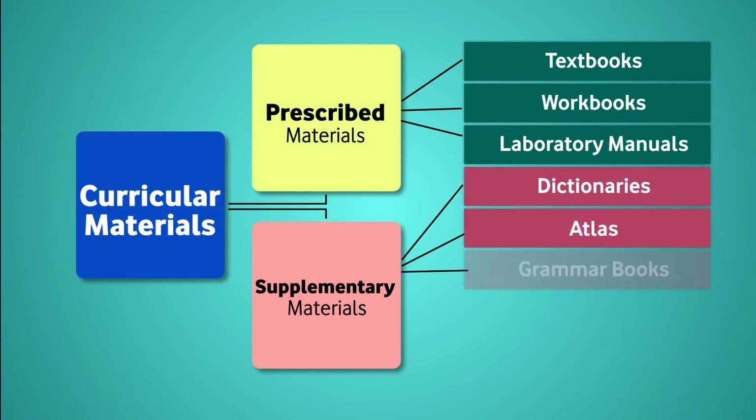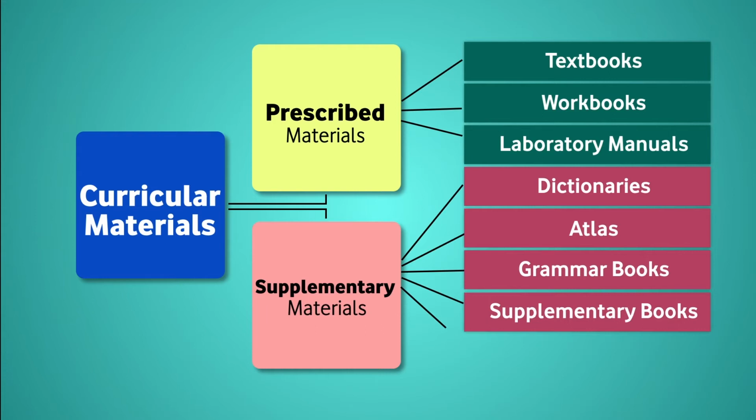Friends, try to understand what the prescribed curricular materials are and what the supplementary curricular materials are. Under prescribed curricular materials, as it appears on your screen, we have taken 3 types of materials: textbooks, workbooks and laboratory manuals.